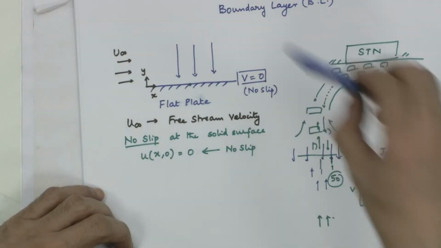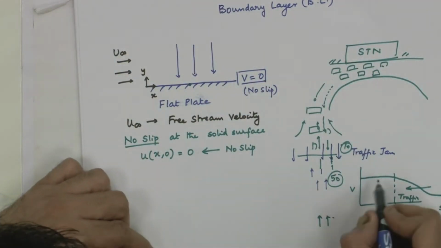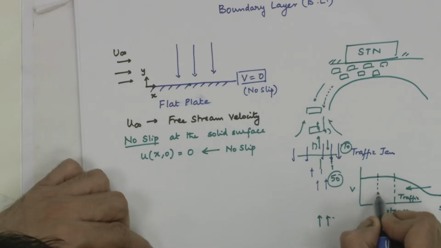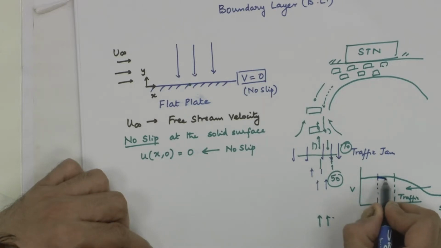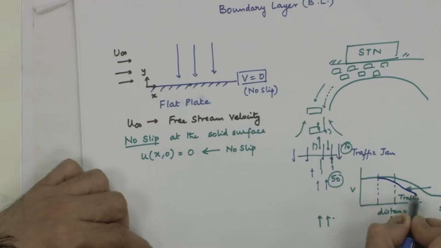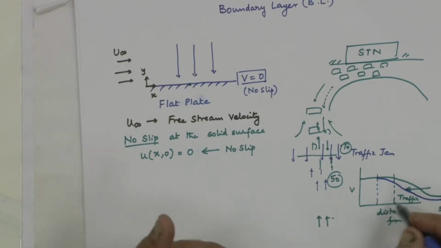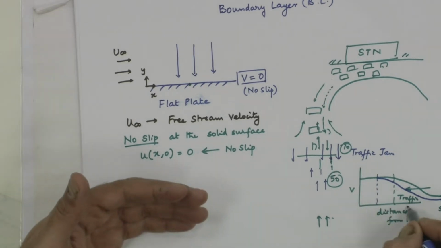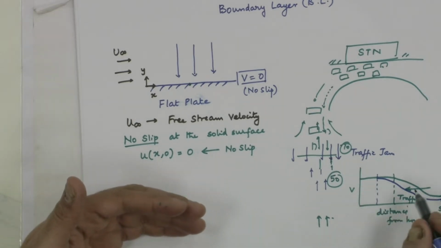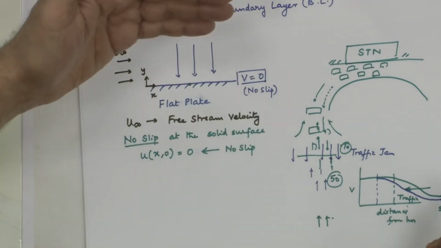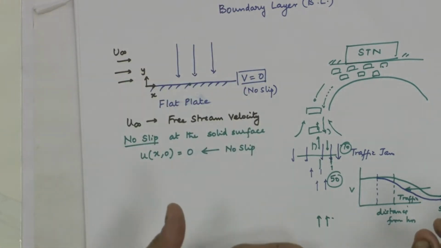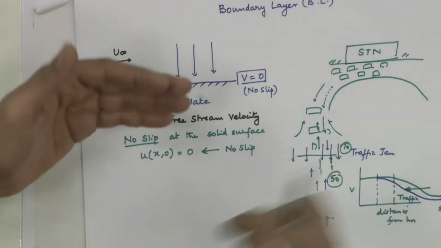Suppose there was a larger traffic jam or bigger traffic jam, you would start to see this effect like this. The point being, there is no fixed location where this effect is propagating into, that is decided by the amount of traffic. Same thing, how far into the fluid.